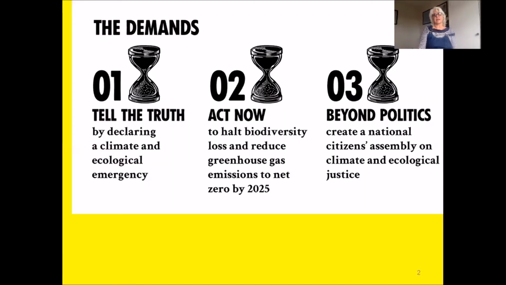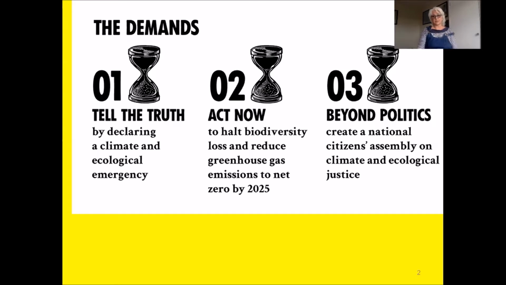So, if we look at Extinction Rebellion's 3 demands, these really came about in response to the Intergovernmental Panel on Climate Change, which came about in 2018. And this is really shocking information, saying that if we didn't do something very quickly, then we faced real dire problems.